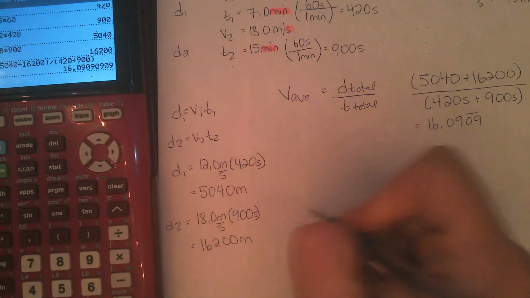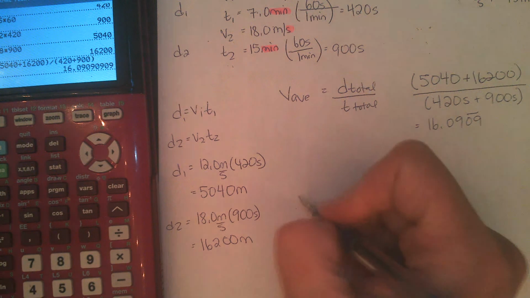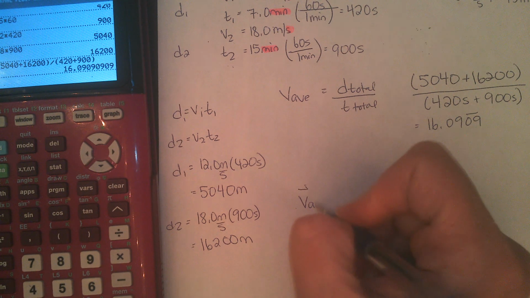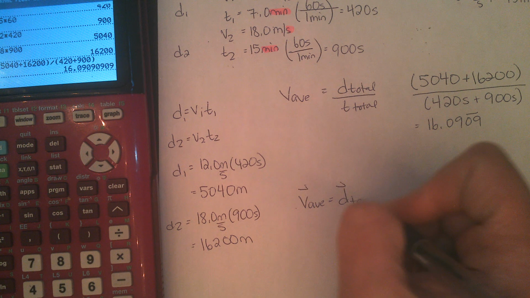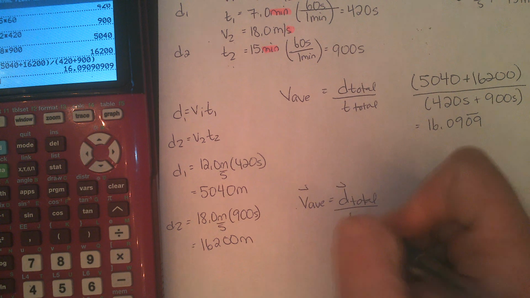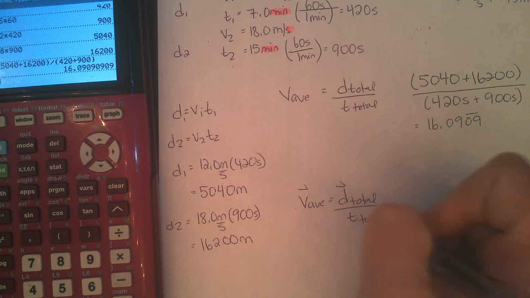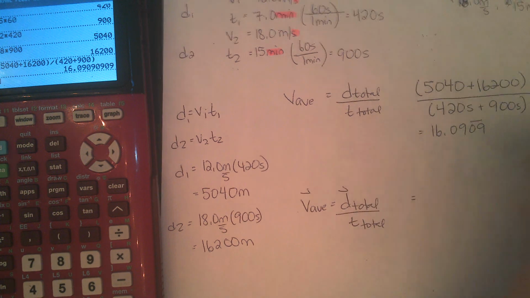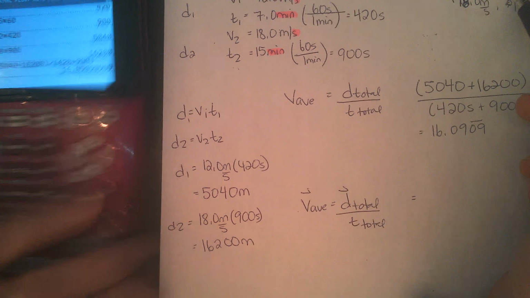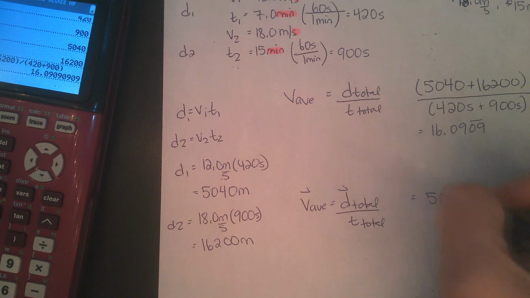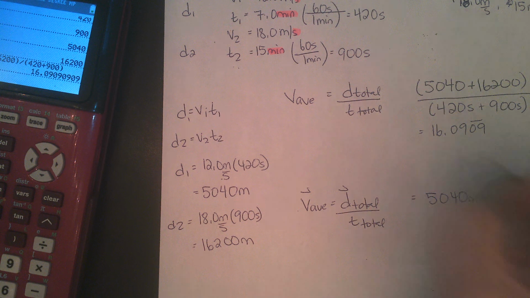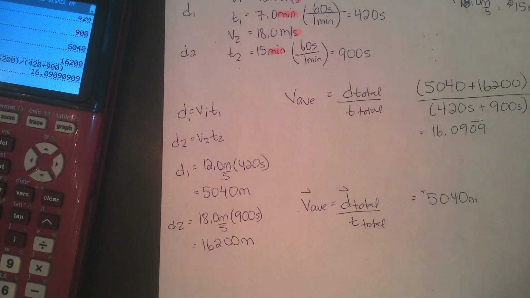Before we go and do anything else, I'm going to calculate my average velocity, which is equal to my displacement over T total. In distance 1, he went 5040 meters to the right, so this is a positive value.